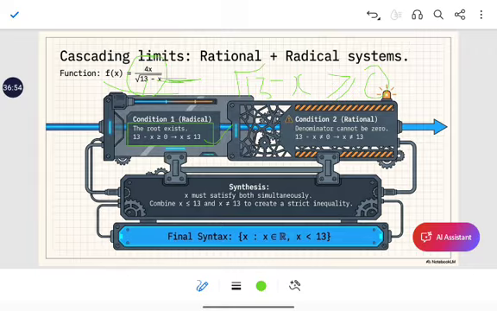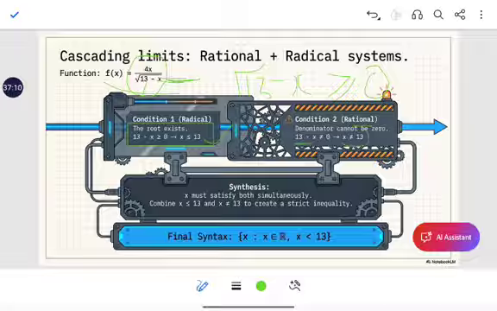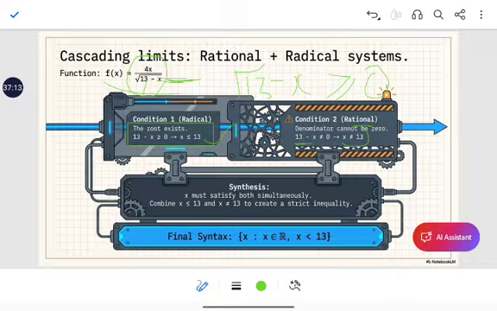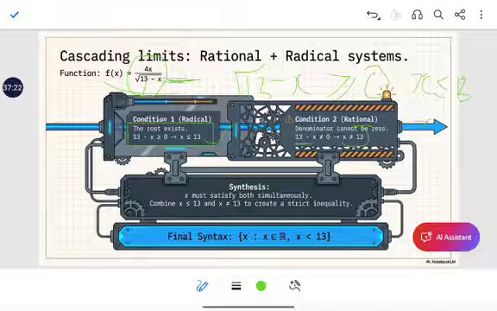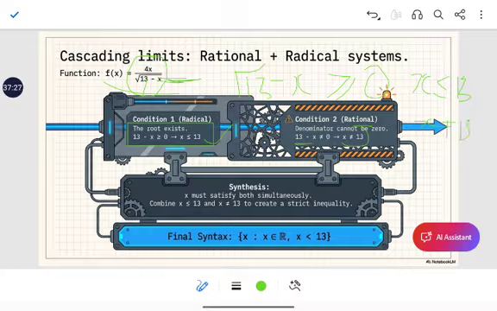For condition 2, we are saying that 13 minus x should not be equal to 0. Okay, so we have two things. We have x is less than or equal to 13. Then we have x is not equal to 13.